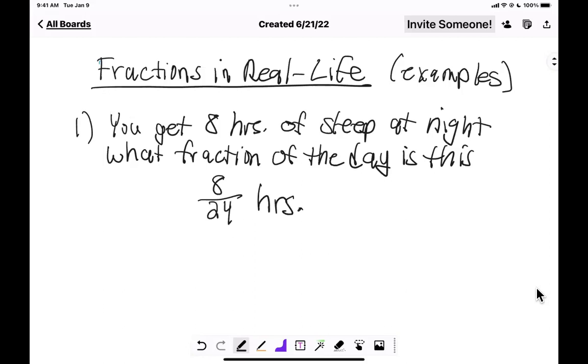A fraction. Yes, again, I know we can simplify it. We're not there yet. So the amount of hours you sleep every night is a fraction. The amount of hours that you eat something in a day is a fraction. The amount of hours that you spend cooking is a fraction. The amount of hours that you spend on yard work is a fraction. Your whole day is a fraction, part of your day. It's a fraction. 2.